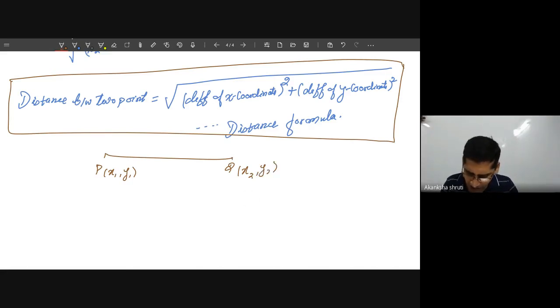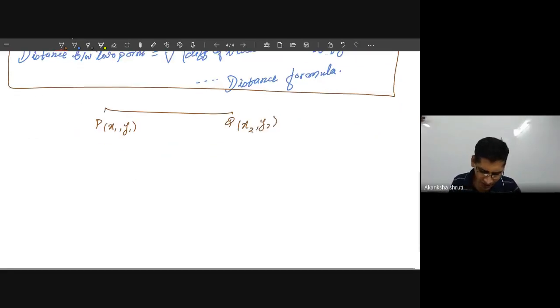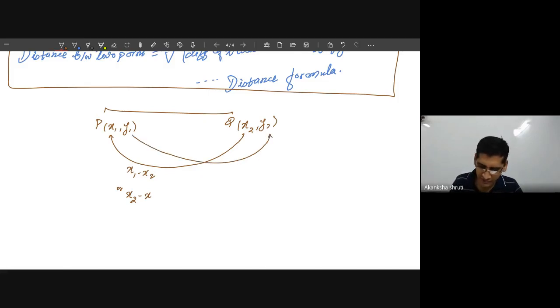You have to take care of the sign. So you have to take the difference of their x-axis. Means x1 minus x2 you do, or x2 minus x1 you do, mean the same thing. Then you have to take care of the y-axis. So either y1 minus y2 you do, or y2 minus y1 you do, you will get the same thing.